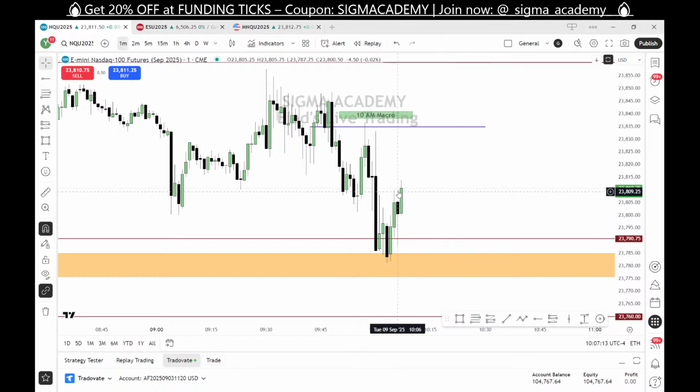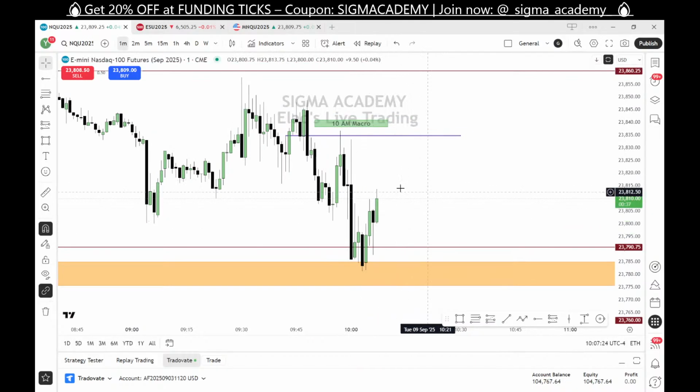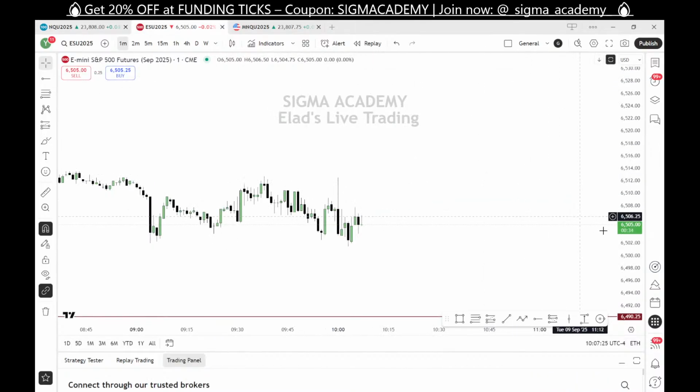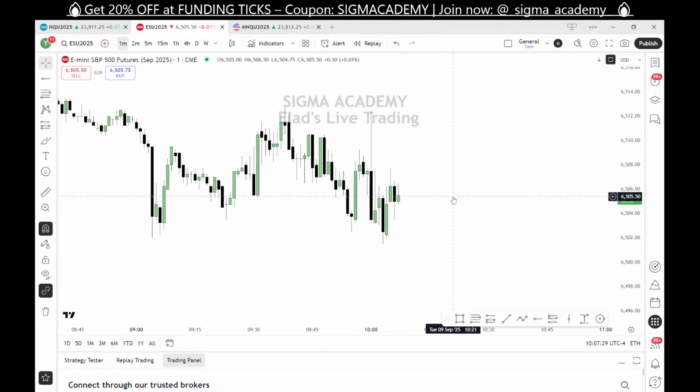Potential MSS. I want to see any fair value gap with me. We tapped into this fair value gap on the higher time frame. I want to see a fair value gap with me. Any market structure that is broken.